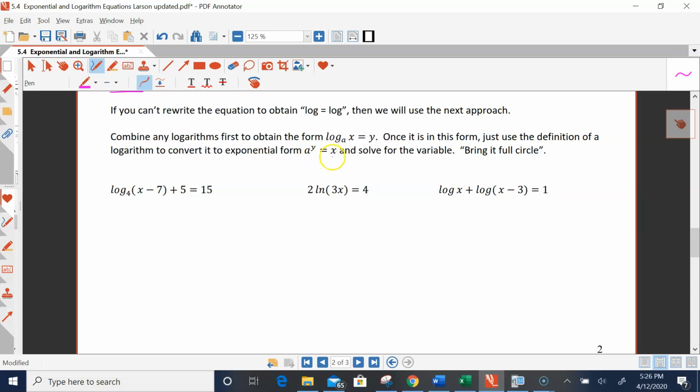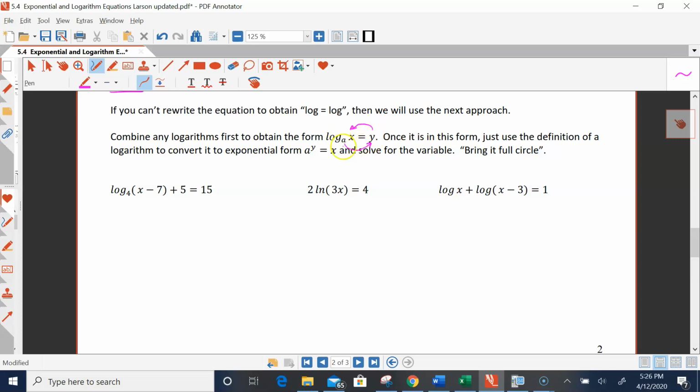Remember, we did that earlier, converting from logarithm form to exponent form, where we just take this a, set it to that y power, and then equal to x. Sometimes I refer to it as bringing it full circle.